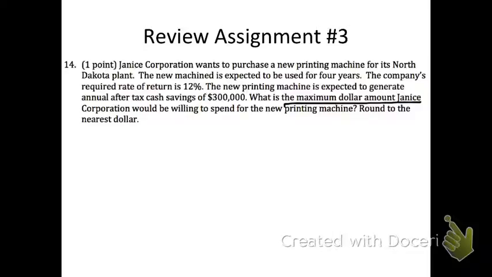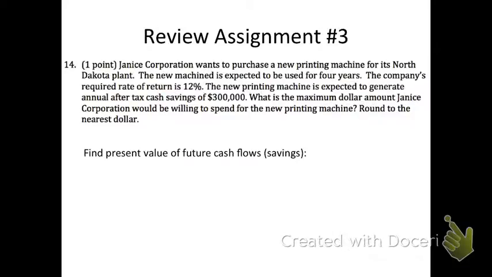The maximum amount that they'll be willing to spend is whatever they're going to get in the future, and what they're going to get in the future is this after-tax cash savings of $300,000 for 4 years. So they'll be receiving $300,000 in savings over 4 years, and what they require for their rate of return is 12%. So this is just really determining what's the present value of those future cash flows, and that's the maximum that this company would be willing to spend.